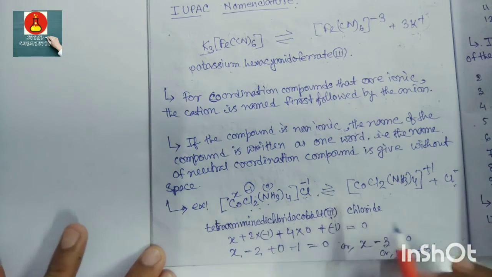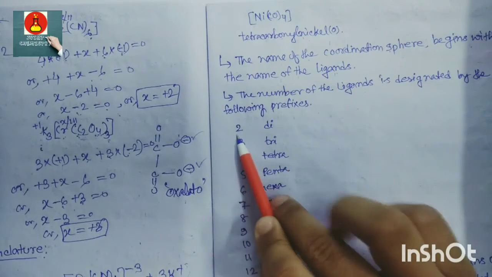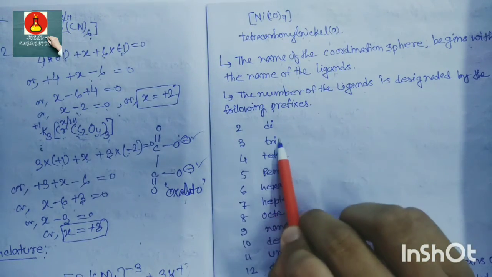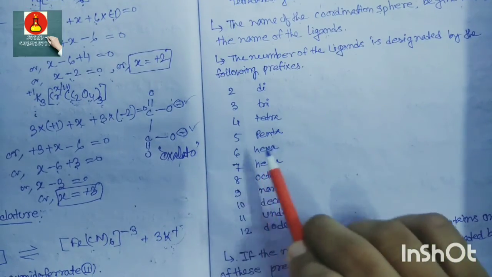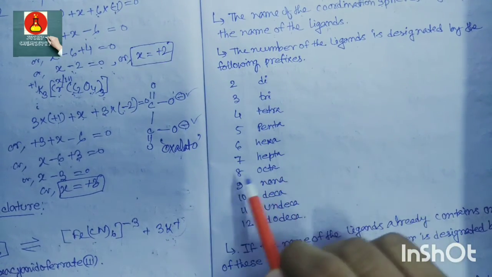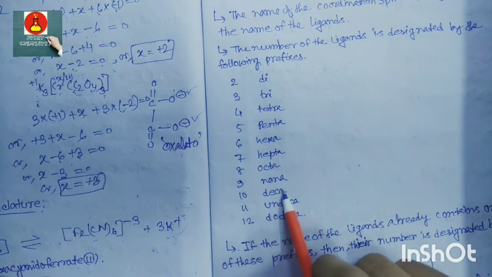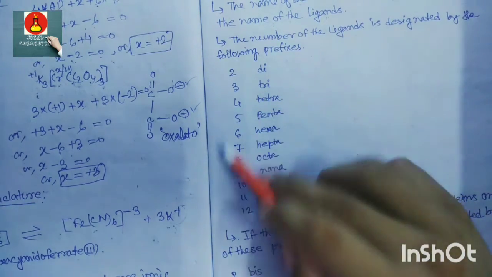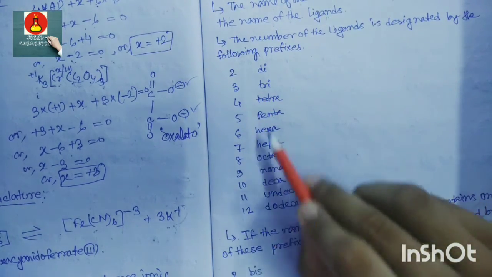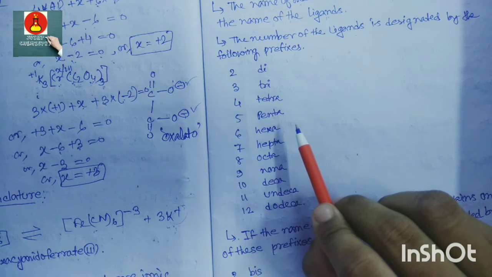Okay, so there are some prefixes used for the number of these ligands. So for 2 it's di, for 3 it's tri, for 4 tetra, 5 penta, 6 hexa, 7 hepta, 8 octa, 9 nona, 10 deca, 11 undeca, and 12 dodeca. So these all are the prefixes which are used to designate the number of the ligands.